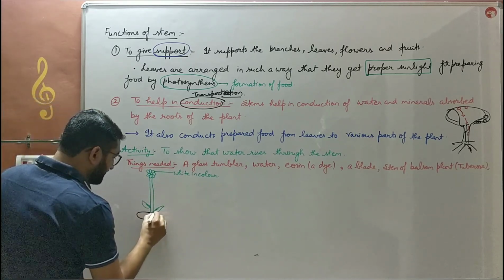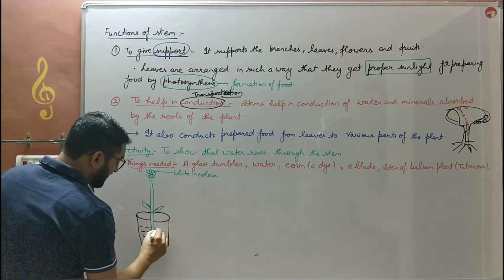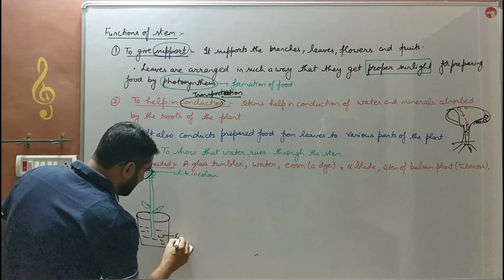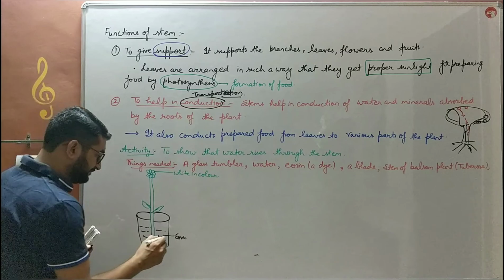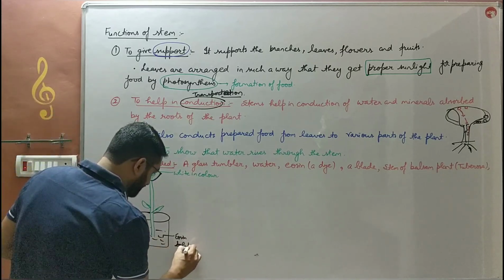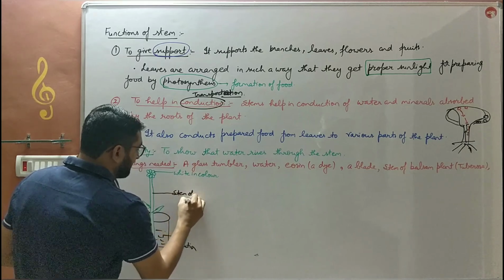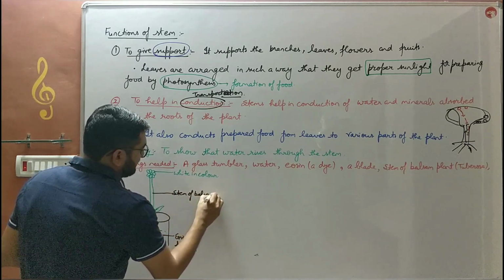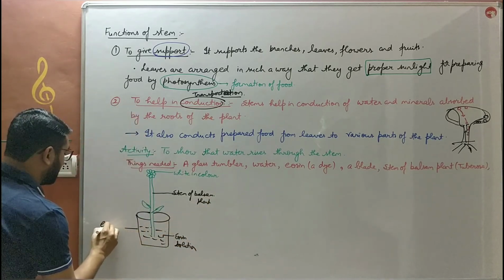Place it in a beaker containing water, and that water has a dye, that is eosin. The color of eosin is red. So it is eosin solution. This one is stem of balsam. This is glass tumbler.